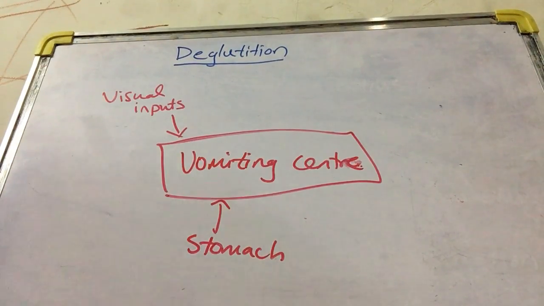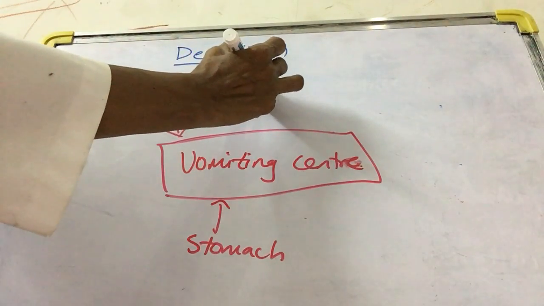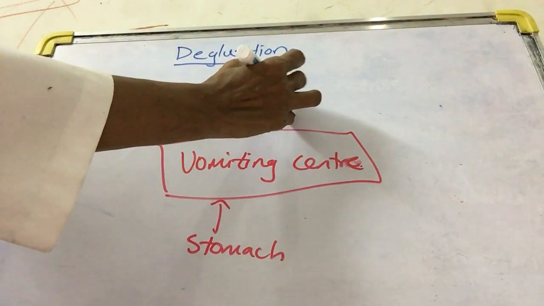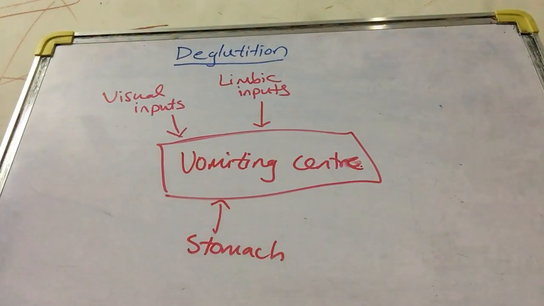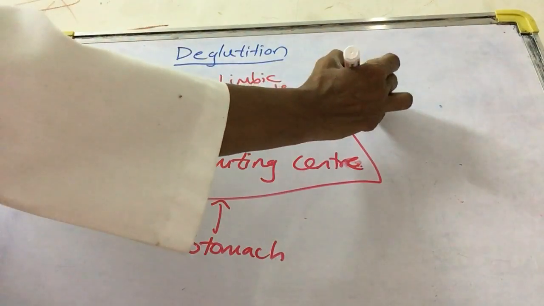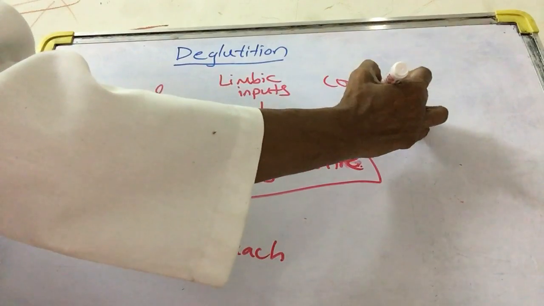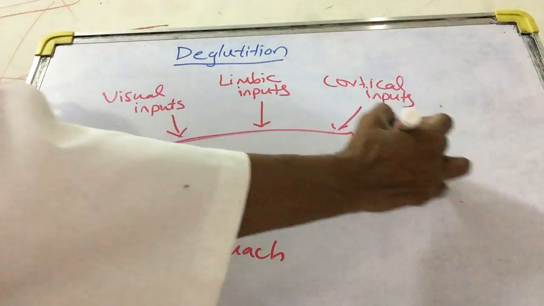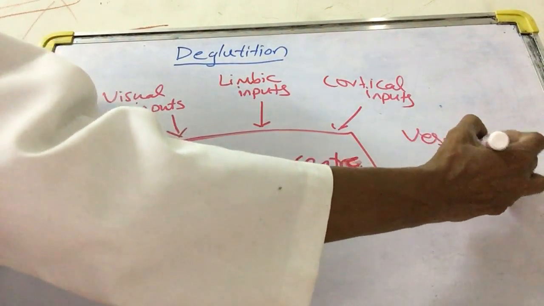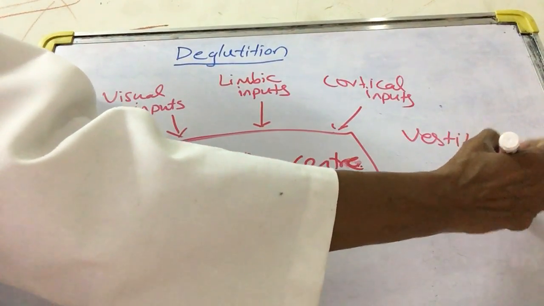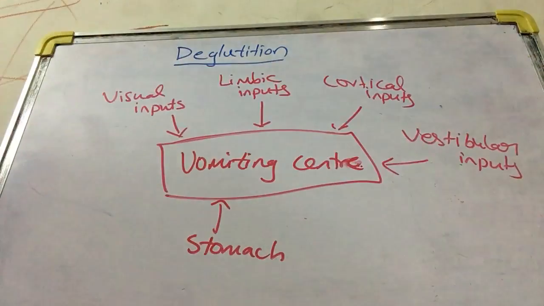It also has limbic inputs, cortical inputs and vestibular inputs. This is an example of motion sickness. When we travel, sometimes we get that vomiting sensation, that is because of the vestibular input.